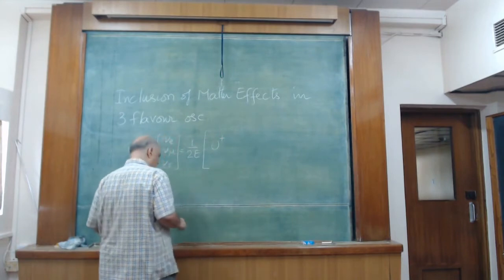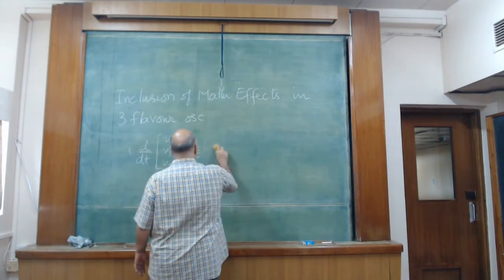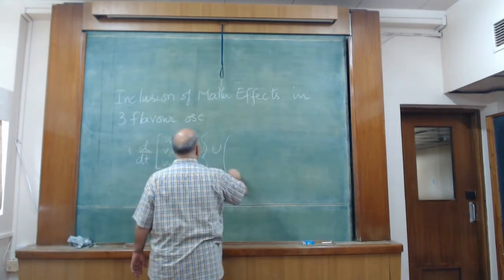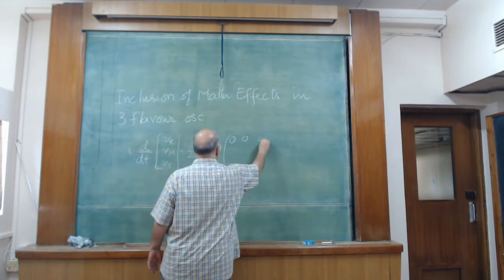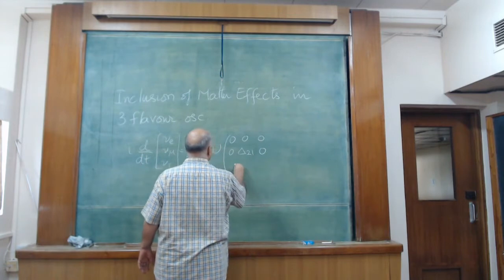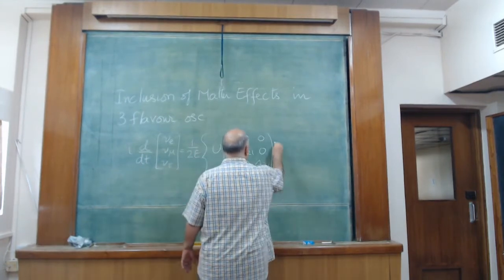U, 0 0 0 0 delta 2 1 0 0 0 delta 3 1, U dagger.